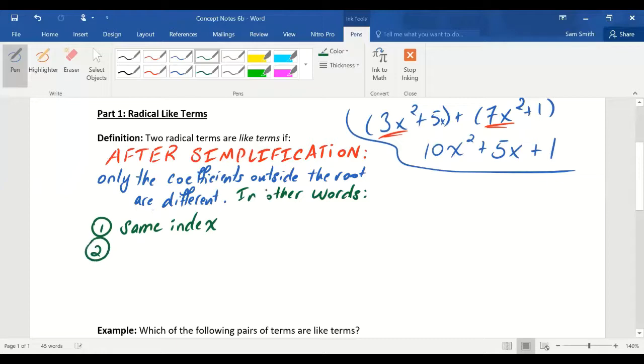After being simplified, these two terms have got to have exactly the same quantity under the root. They've got to have exactly the same radicand. And on the outside of the root, they are not allowed to have different variables. They've got to have exactly the same variables to exactly the same powers.